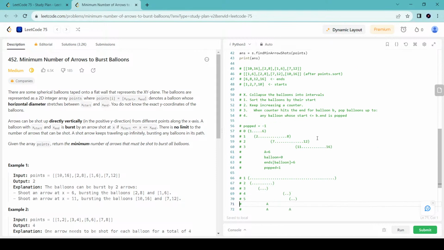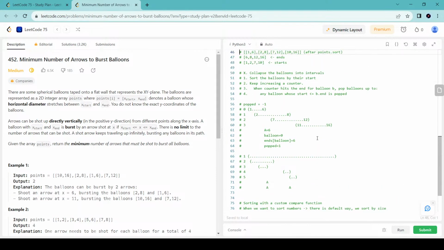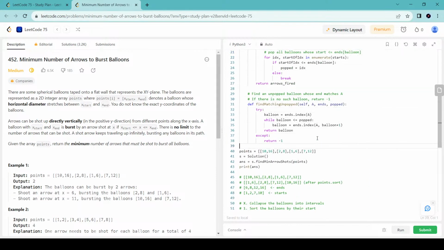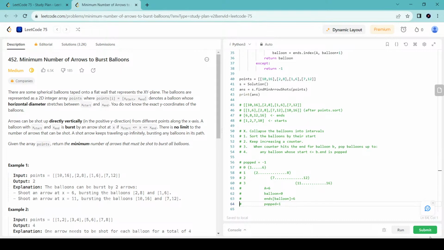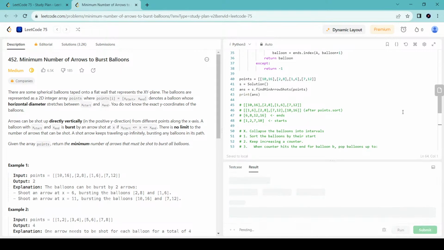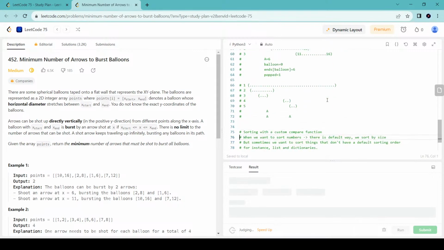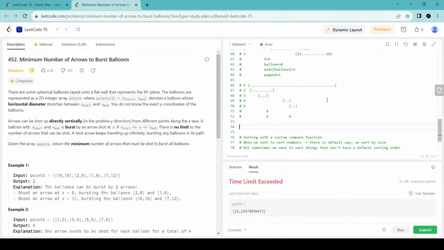We ran into this problem where there's a test case that failed, where we have this giant massive balloon. Let me see if I can find the test case again. So that's basically the issue with this particular solution, is that there's a giant massive balloon. There's one giant massive balloon that goes from index 1 all the way to 2 trillion something, right?